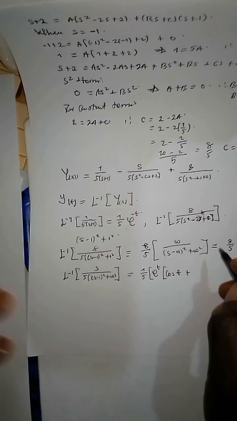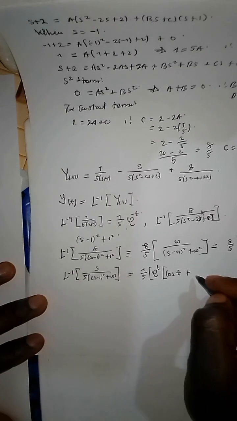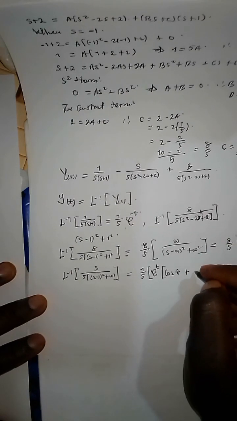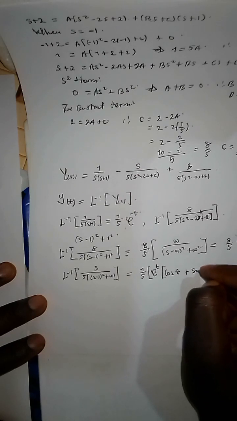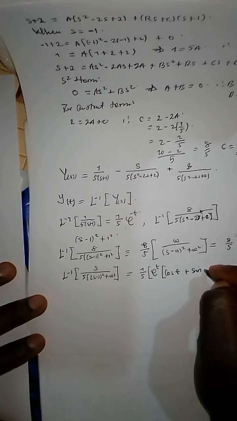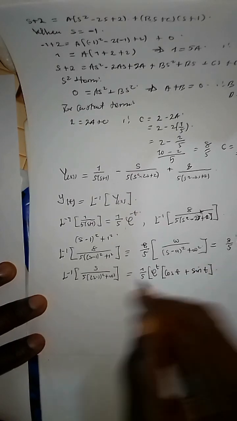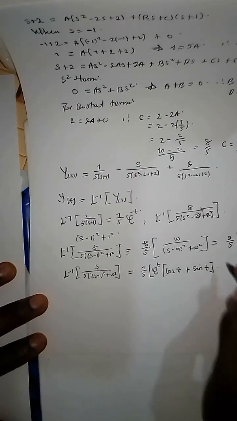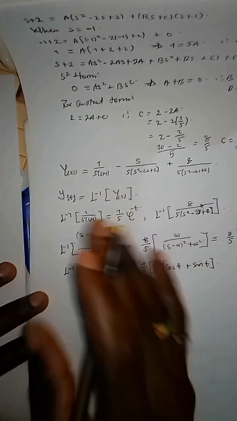So a is 1, omega is 1, that will give us sine omega t, omega is still 1. So these are the inverse Laplace transforms of the various terms we had.